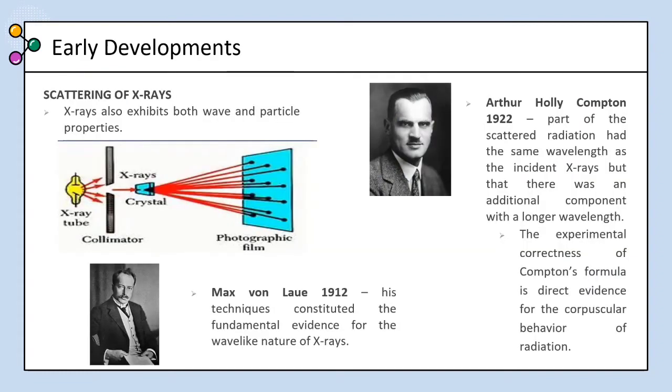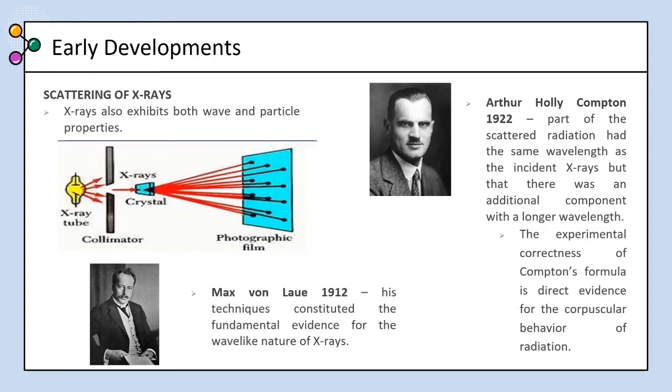Soon scientists were faced with the fact that another form of radiation, X-rays, also exhibits both wave and particle properties. Max von Laue had shown that crystals can be used as three-dimensional diffraction gratings for X-rays. His technique constituted the fundamental evidence for the wave-like nature of X-rays.